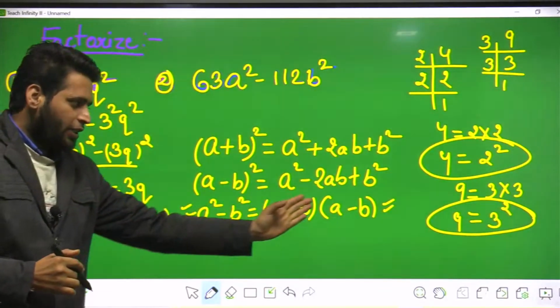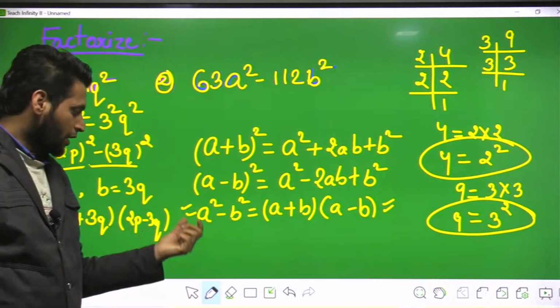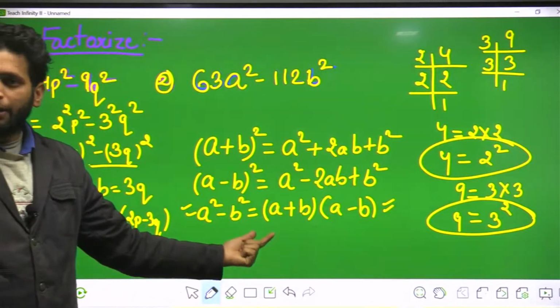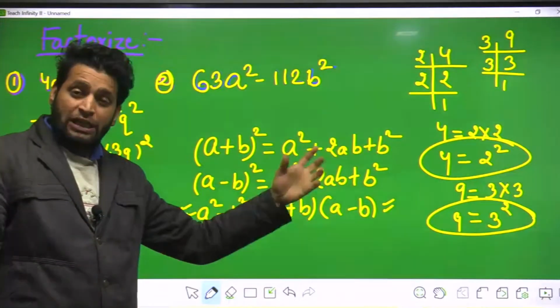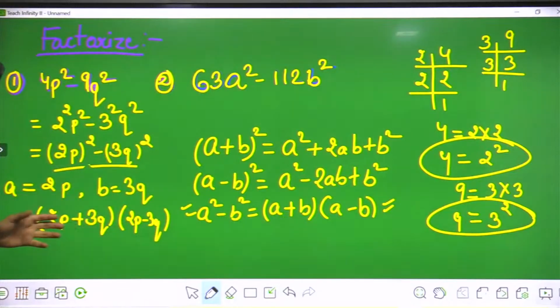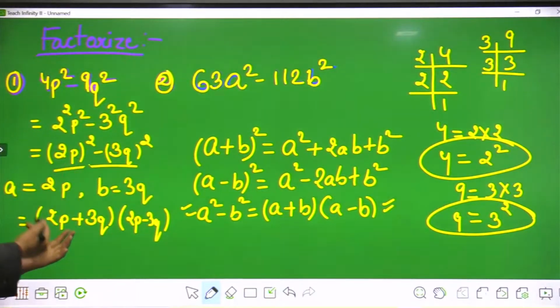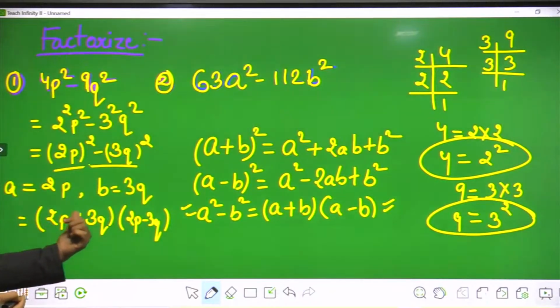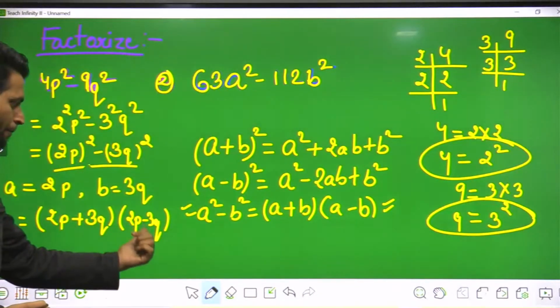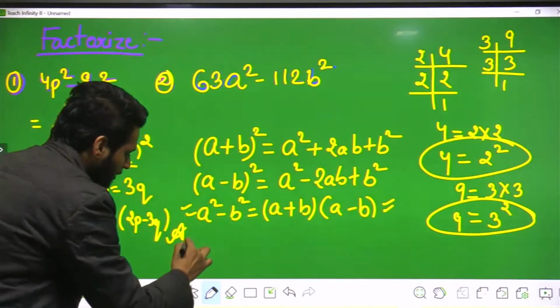According to this identity we will write the result. The result of this identity is (a plus b) and (a minus b). That's why the result of this expression is (2p plus 3q) and (2p minus 3q). That is the answer.